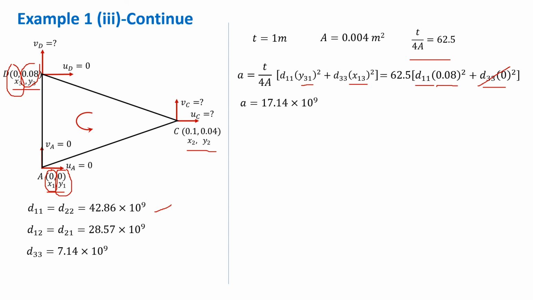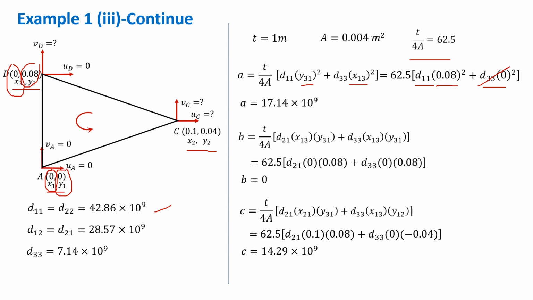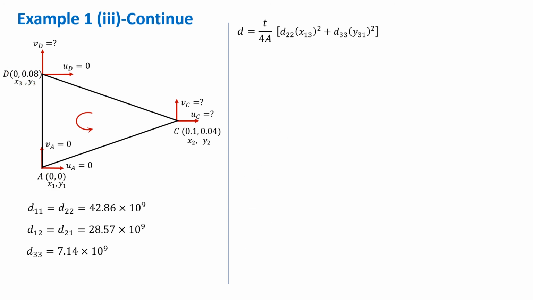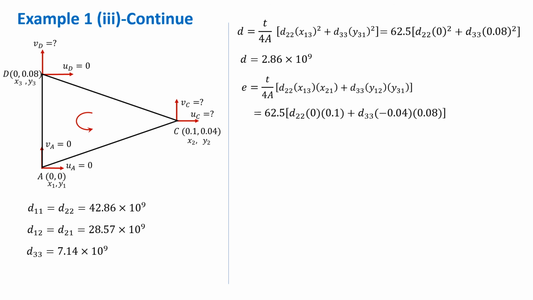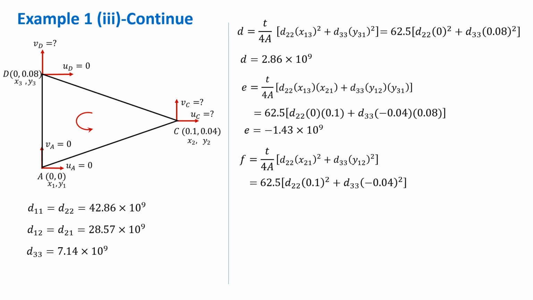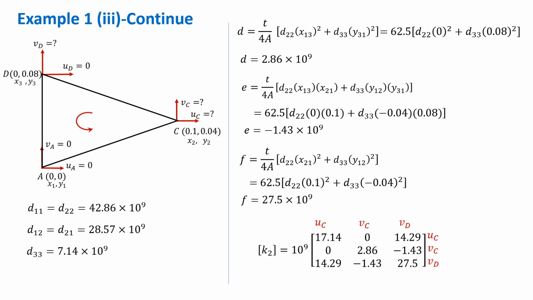By applying the same method for the rest of the terms, we can determine all those values according to the formula given in the matrix as shown in this video. Once we have obtained all the values A, B, C, D, E, and F, we can write our reduced K matrix for element 2 as shown in this slide.